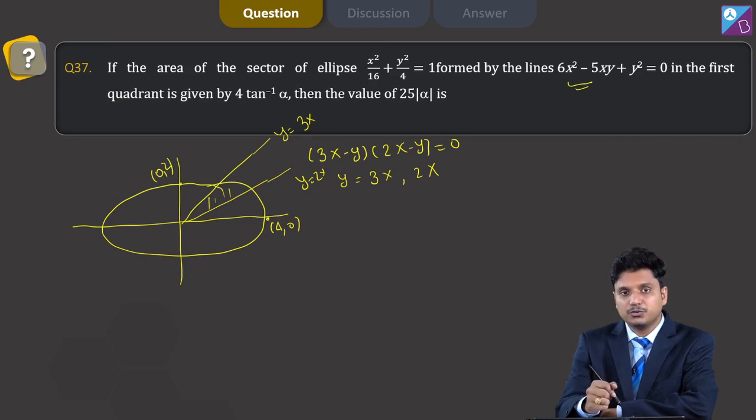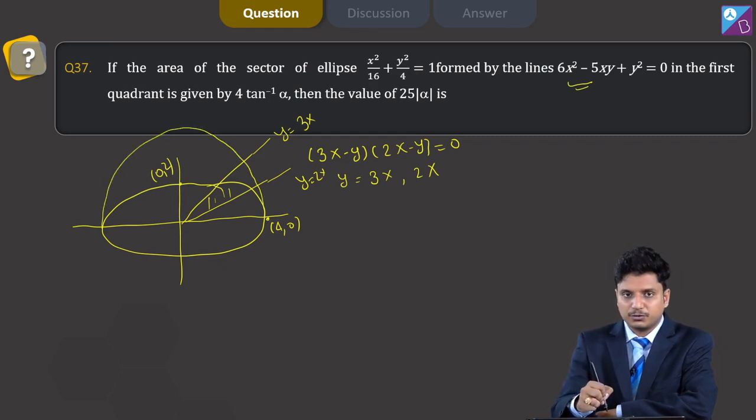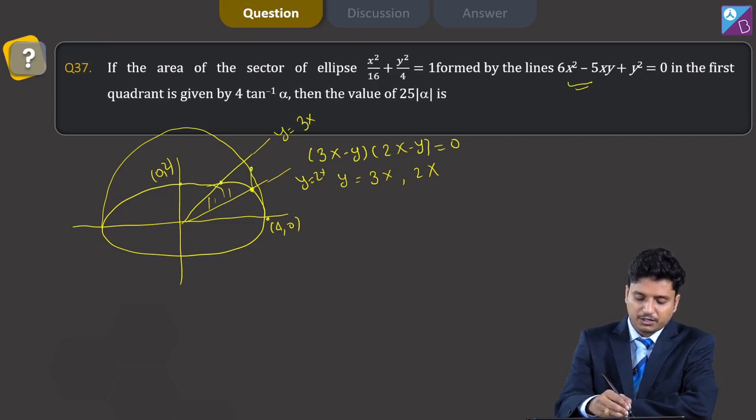Which circle we should use? It can be that auxiliary circle for this ellipse. So the auxiliary circle for this ellipse, that is x square plus y square equal to 16, that semicircle I have drawn here, and what I can see, corresponding to this point I can mark a point over here for this circle, and similarly for this point I can correspondingly mark a point on this auxiliary circle.